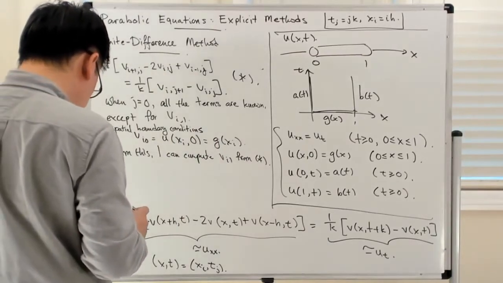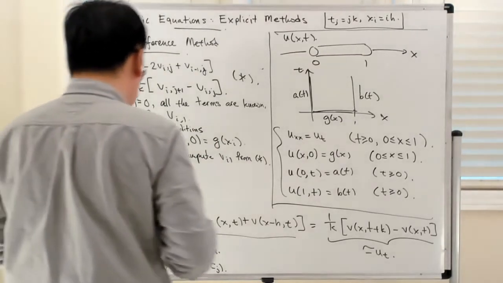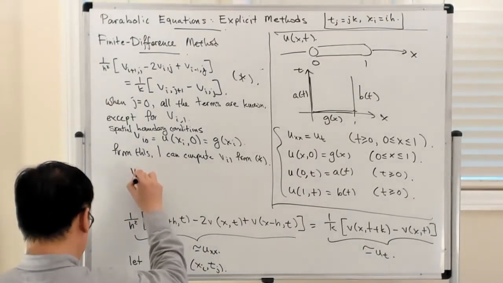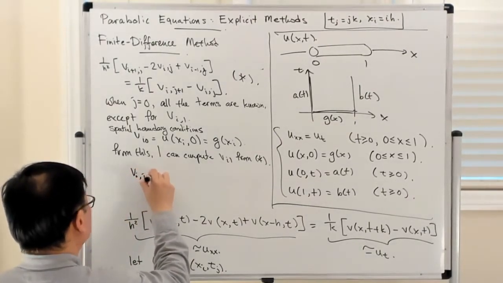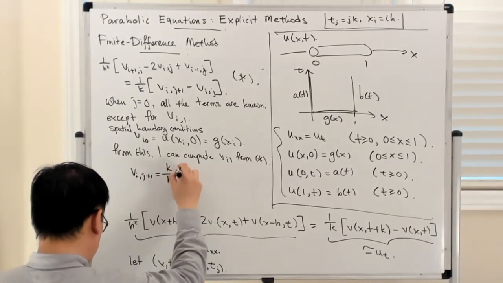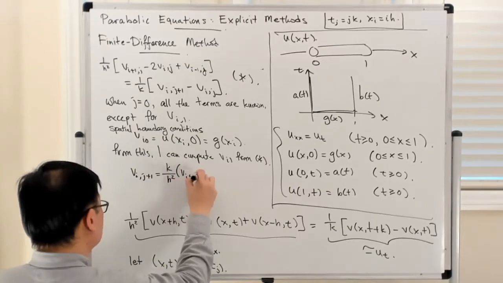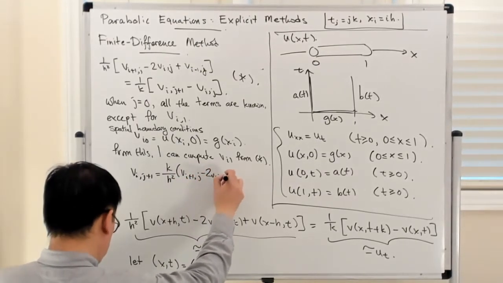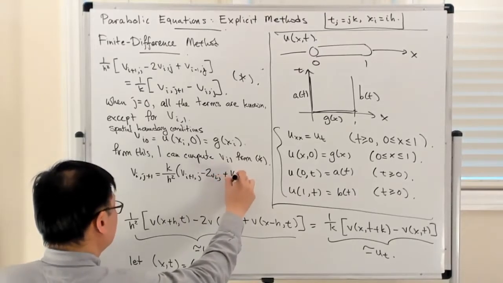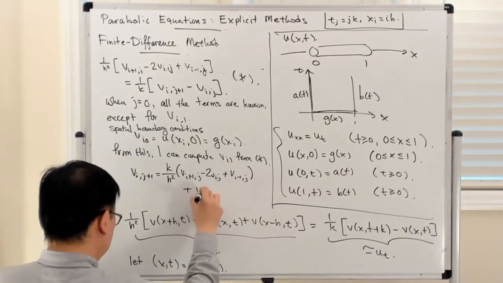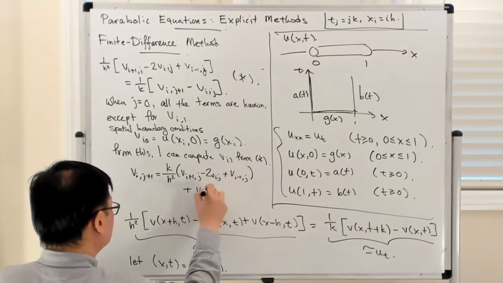All right. So let's write this. So v_{i,j+1} is equal to k over h squared, v_{i+1,j} minus 2 v_{i,j} plus v_{i-1,j}, plus v_{i,j}.